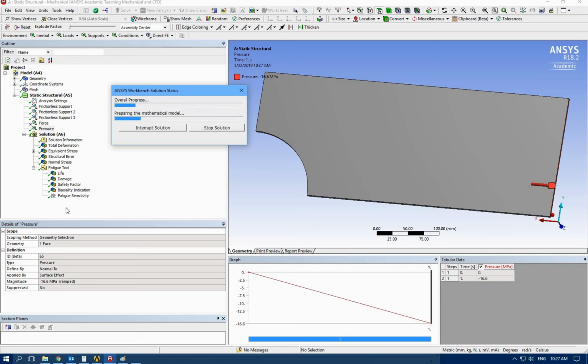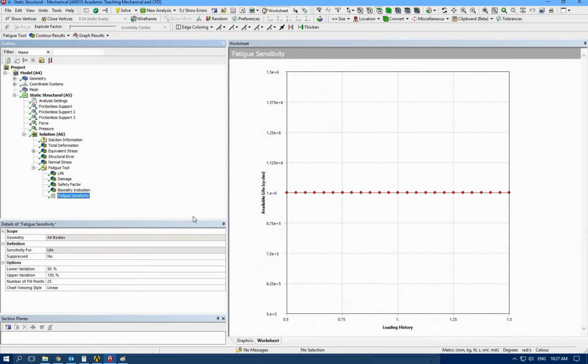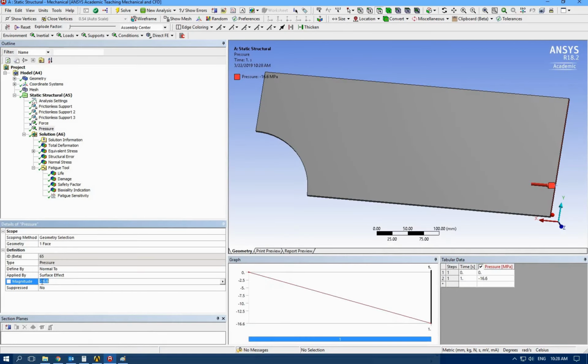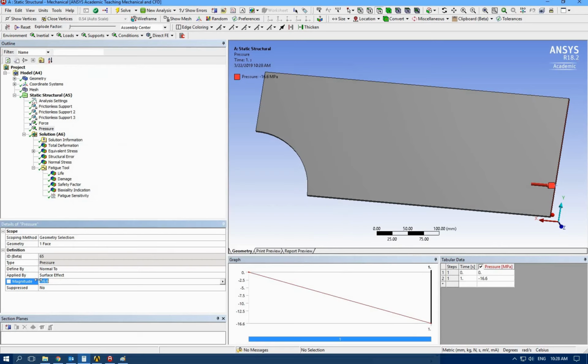If I don't want to change the load, I need to change the geometry, because this geometry can't tolerate a high number of cycles, and we usually prefer 1 million cycles to have infinite life. So let's see. Yes. Now we can see, oh, I think I made a mistake. It's too much. So let's multiply by 2. Multiply by 2, 33.33. I made a mistake, I think.